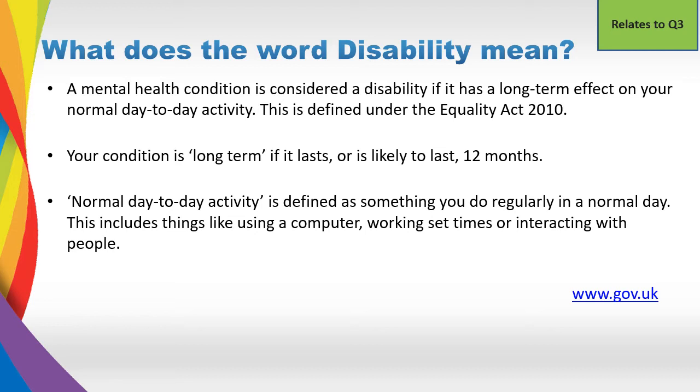So somebody with dementia in the early stages may well be able to use a computer. Again, they might be able to work to set times if they have a timer to work with, and they may still be able to interact with people. So under this definition of disability, a person with the early stages of dementia couldn't be classed as disabled.